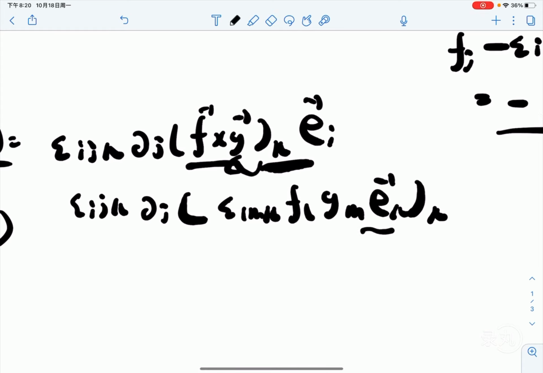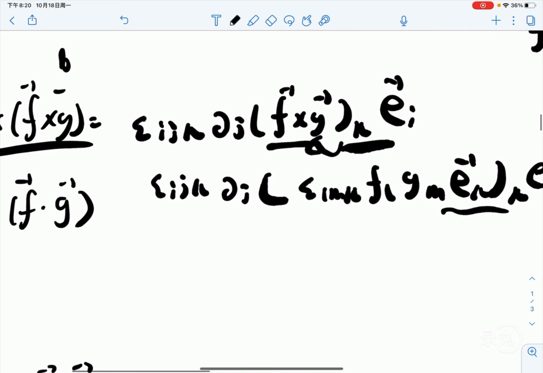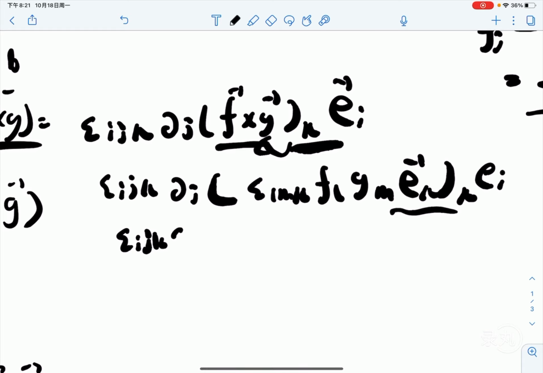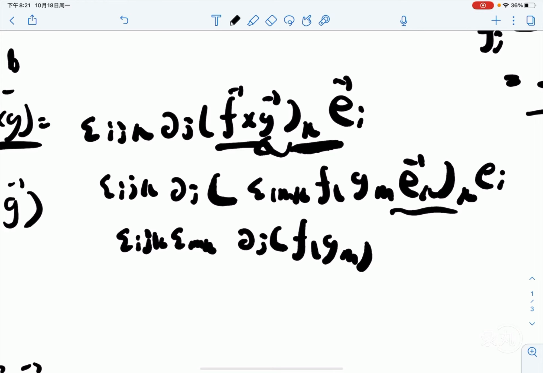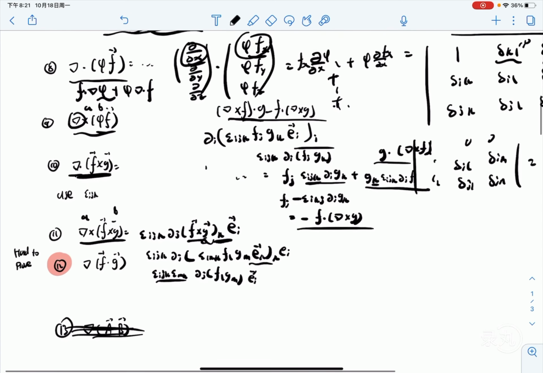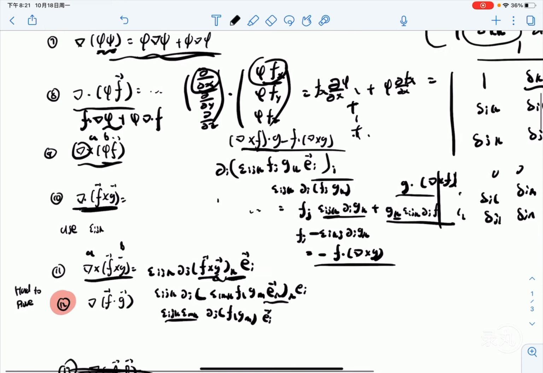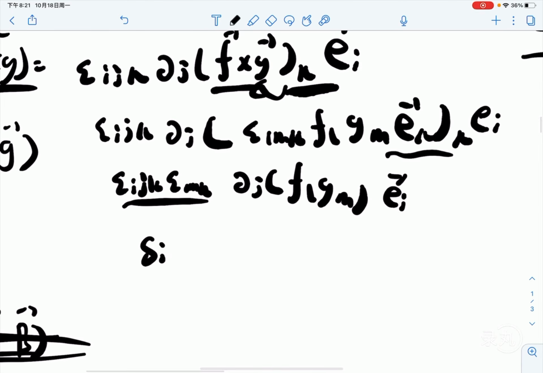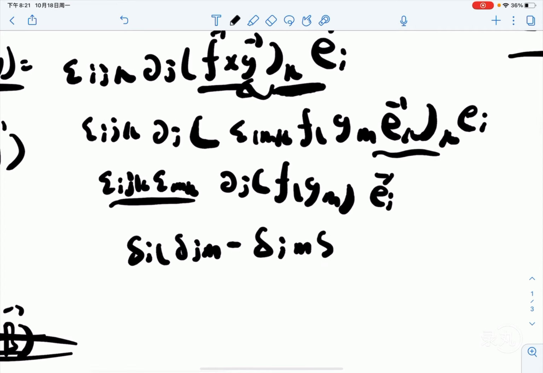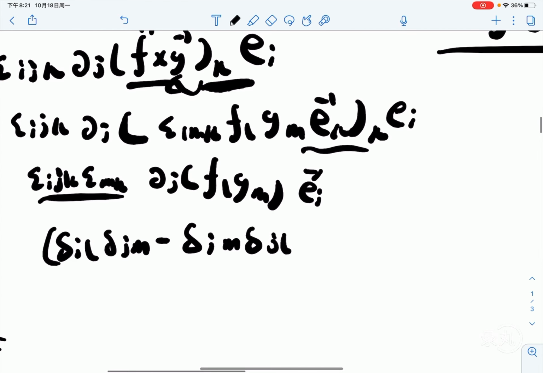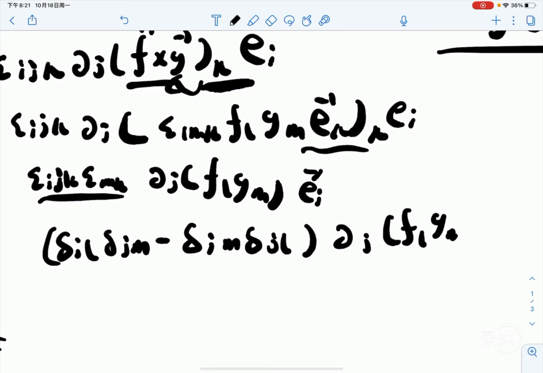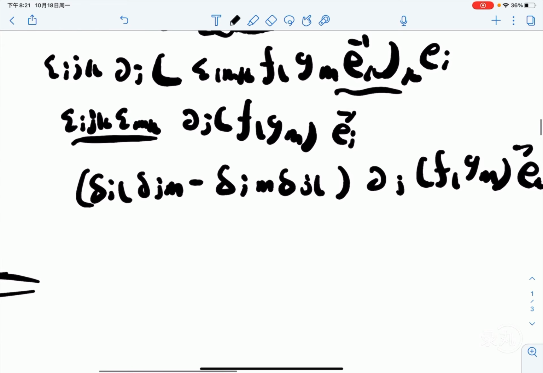So it's basically this form, which is equal to epsilon_IJK and this term epsilon_LMK ∂_J F_L G_M e_I, and by the theorem on the top here, we can see this term is just equal to (δ_IL δ_JM minus δ_IM δ_JL) times ∂_J F_L G_M e_K.